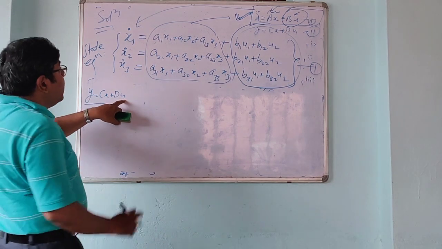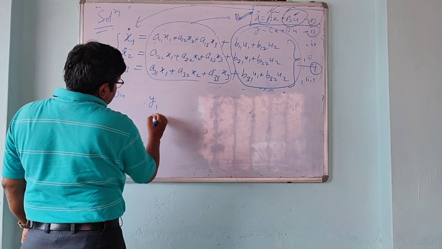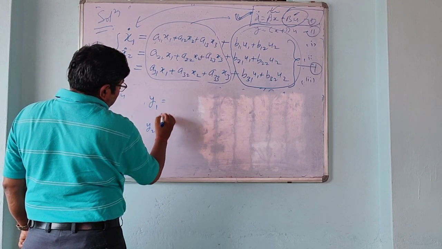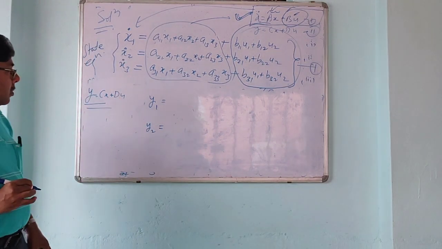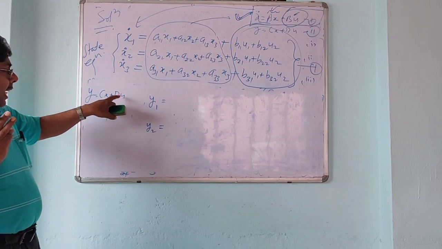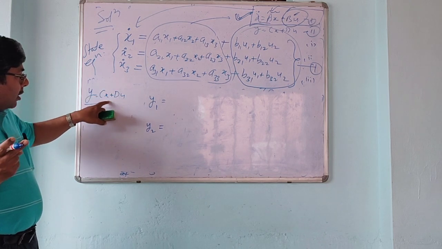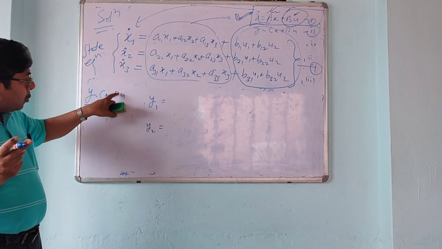We have two outputs, so you have to write two equations, y1 and y2, for the outputs, in terms of the states, meaning three states, and in terms of the inputs, meaning two inputs. So you have to involve all three states and both inputs.